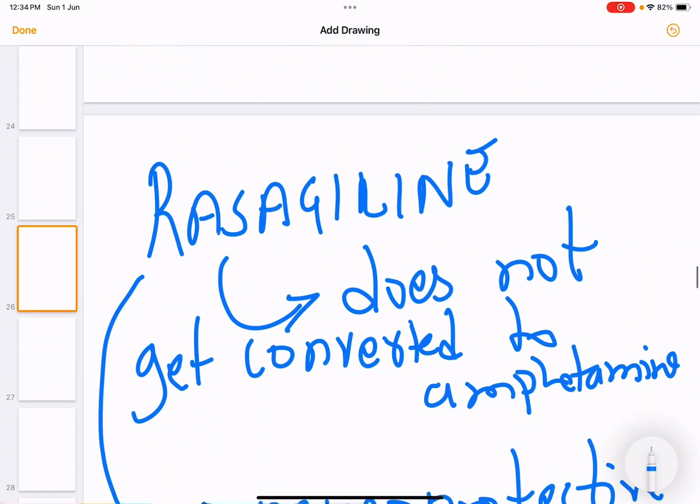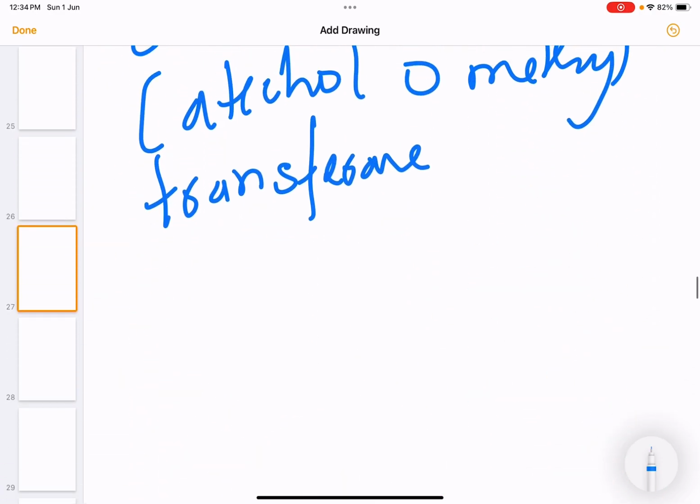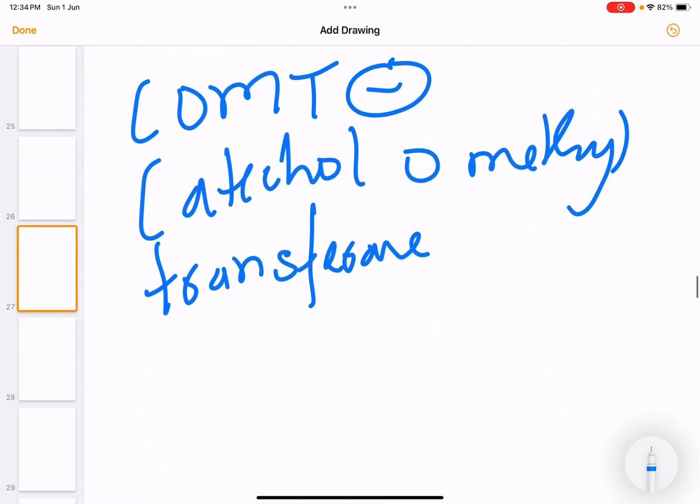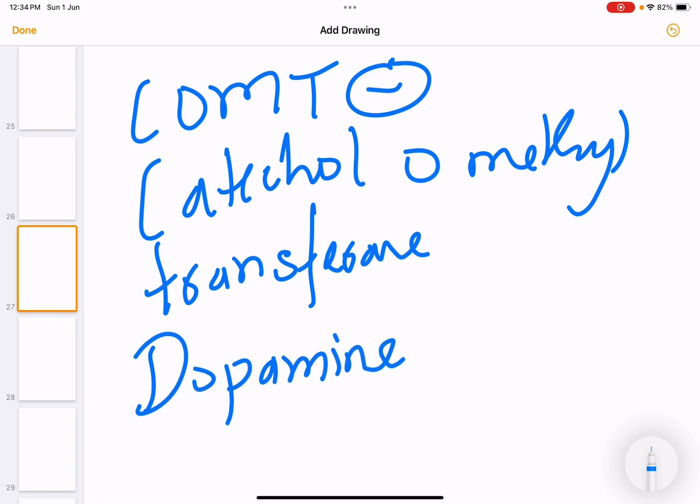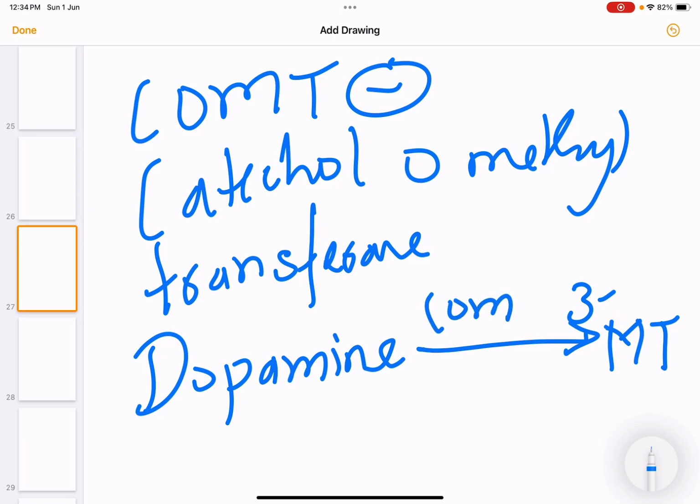So if we inhibit MAO-B, there will be more dopamine available in the brain. Similarly, dopamine is getting converted to 3-MT by the enzyme COMT, catechol O-methyl transferase. So if we inhibit this enzyme, there will be more dopamine available.